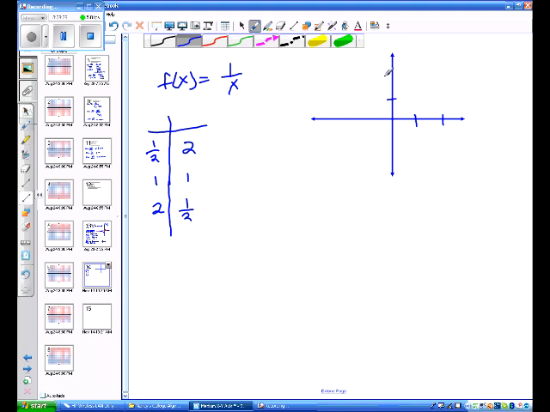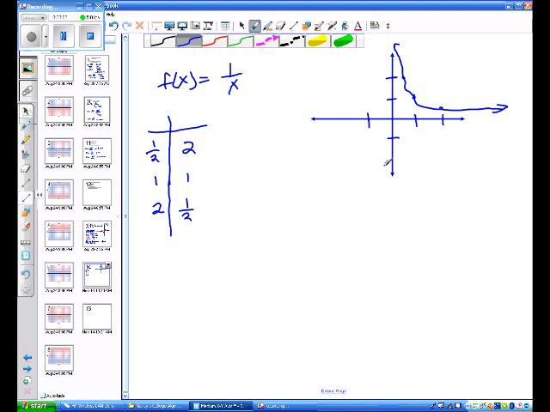So at 1/2, we're at 2. At 1, we're at 1. And at 2, we're at 1/2. Now we know from what we did earlier that this is going toward positive infinity, and this one is going toward 0.